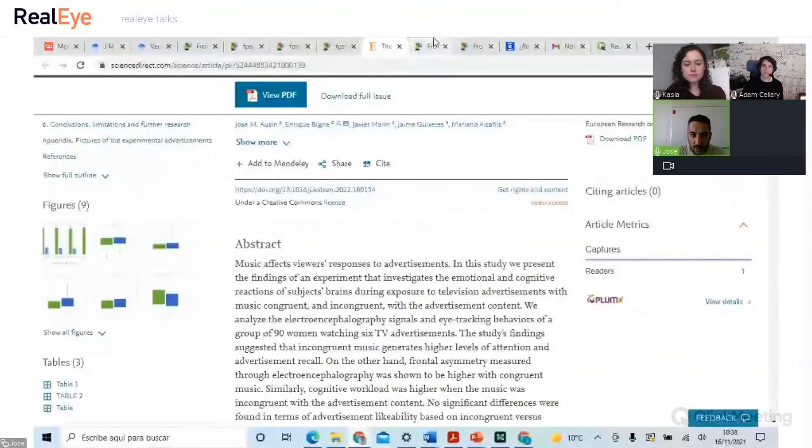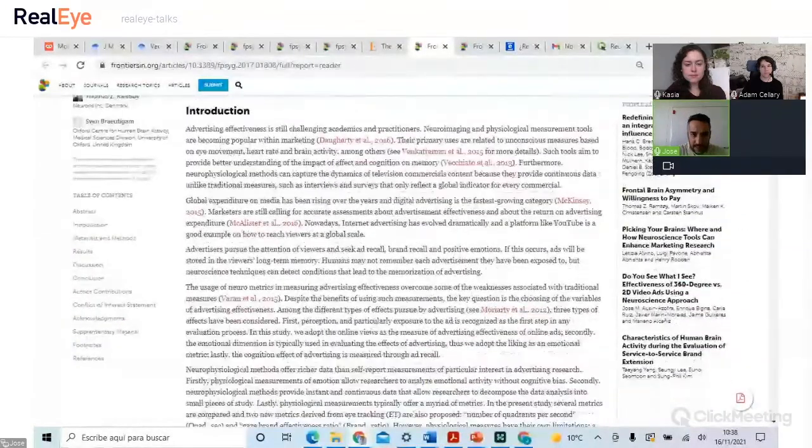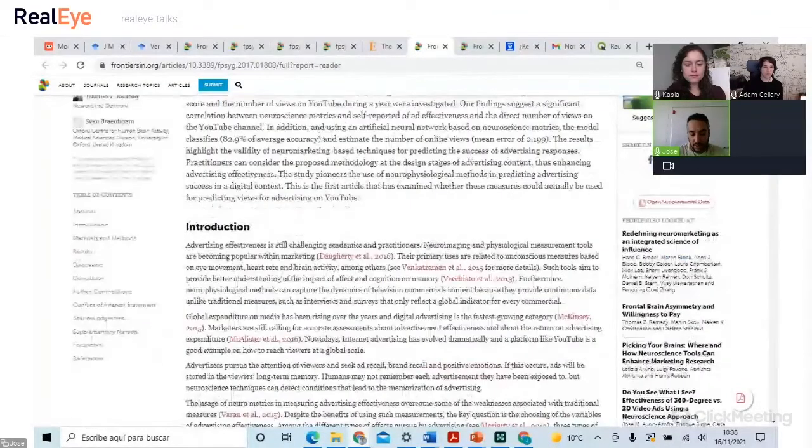What we did is try to predict the recall, liking, and the viewing rates. So all the technology like EEG, facial coding, galvanic skin response, eye tracking, and we create different metrics.